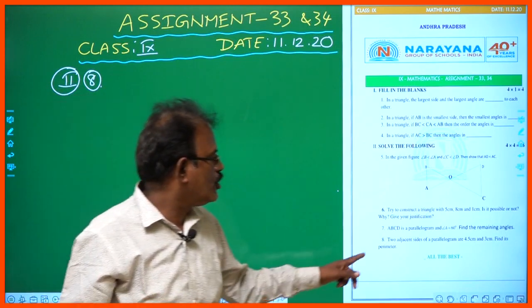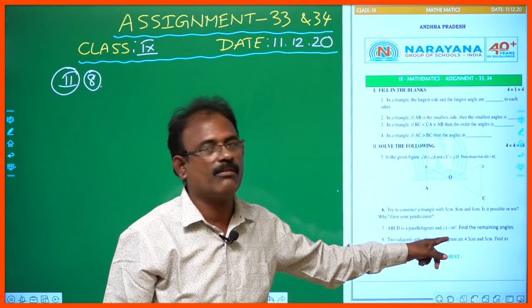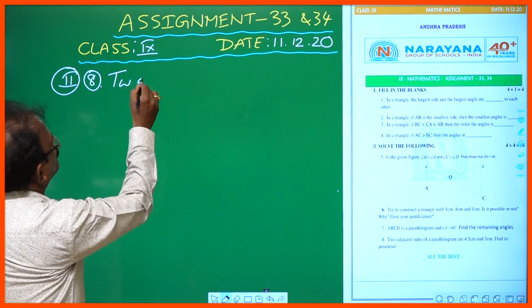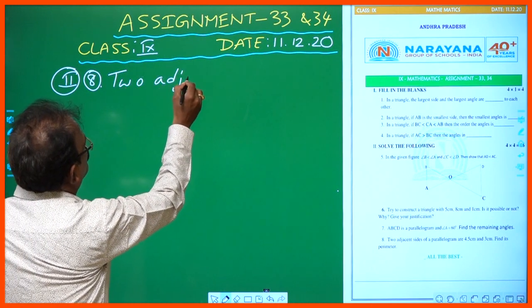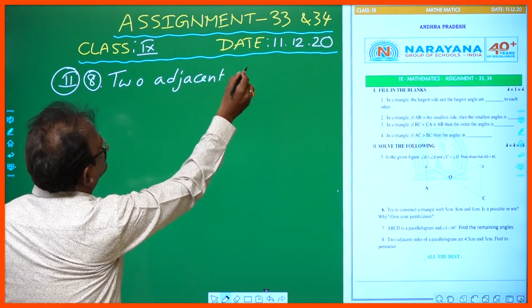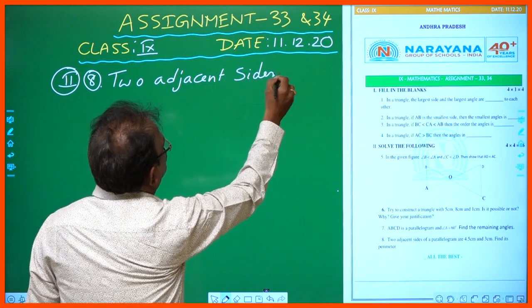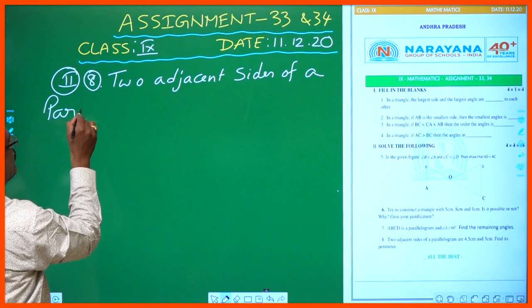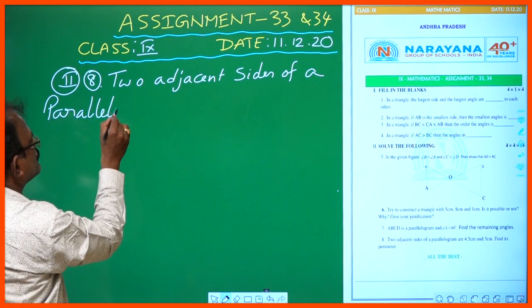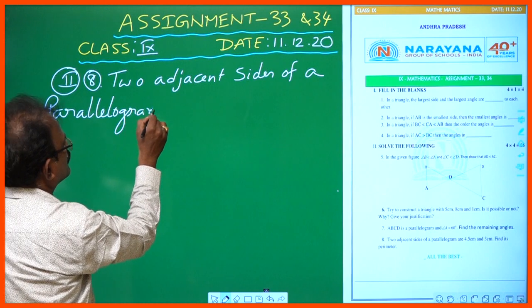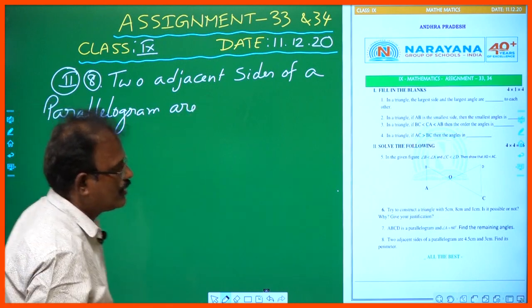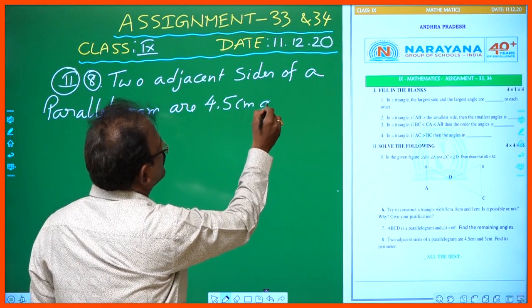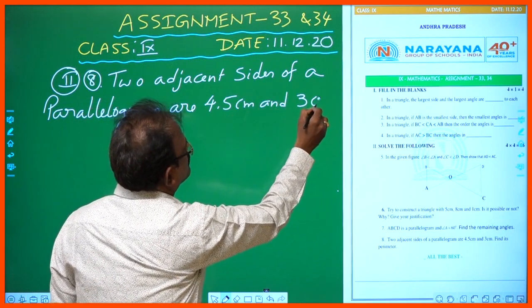Question number 8. Two adjacent sides of a parallelogram are 4.5 centimeters and 3 centimeters.